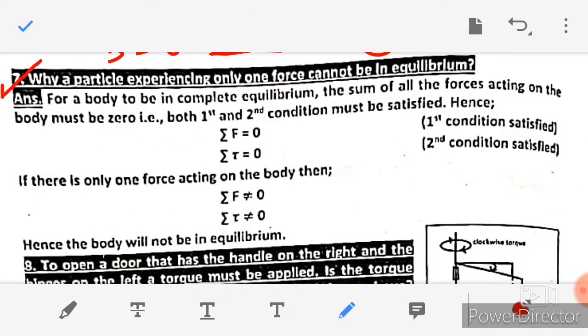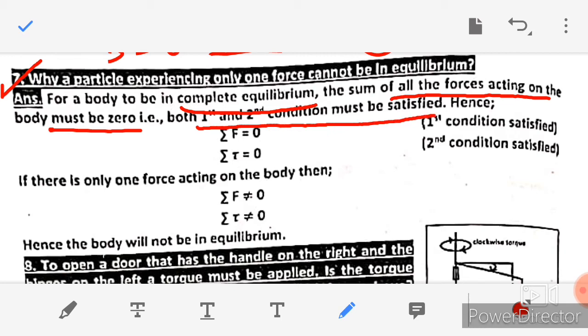Now moving towards the next question. Question number 7 is also included in the reduced syllabus 2021. Why can a particle experiencing only one force not be in equilibrium? Answer: for a body to be in complete equilibrium, the sum of all the forces acting together on a body must be equal to 0. Both the first condition and the second condition must be satisfied.